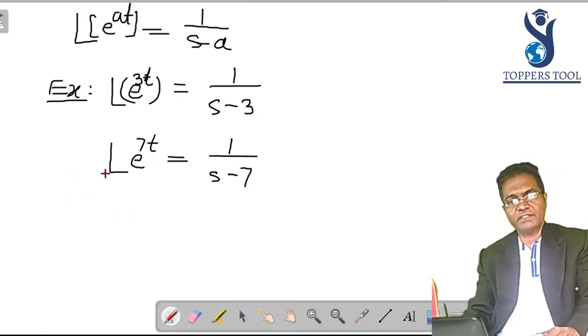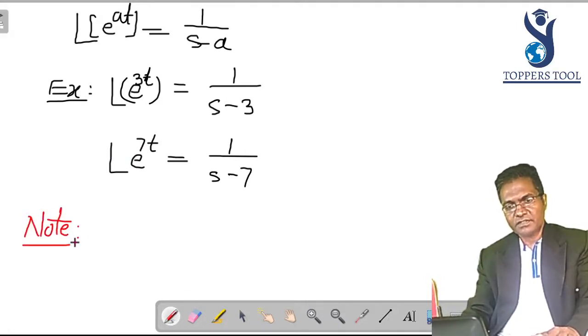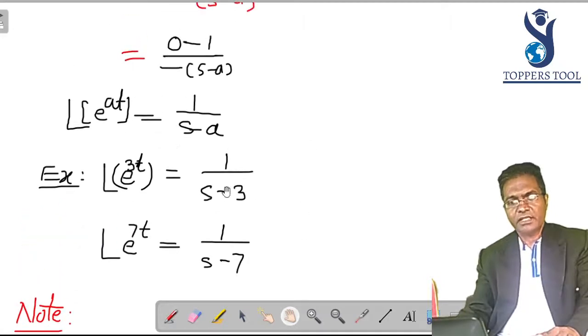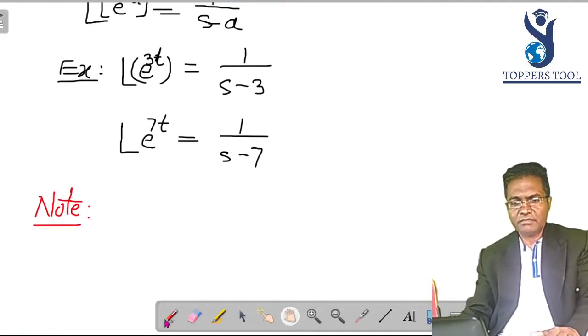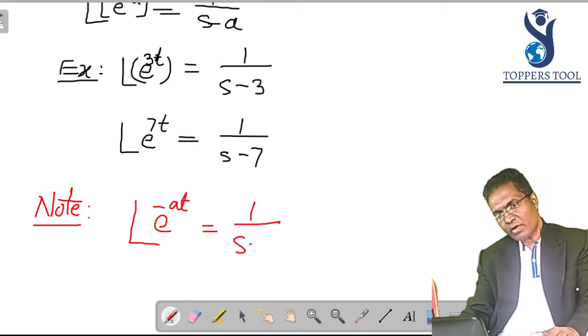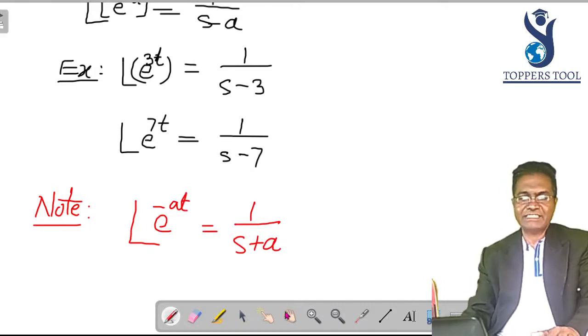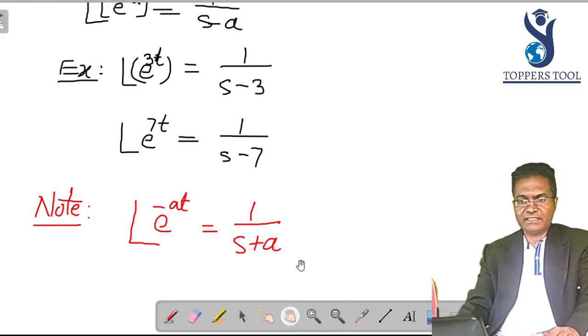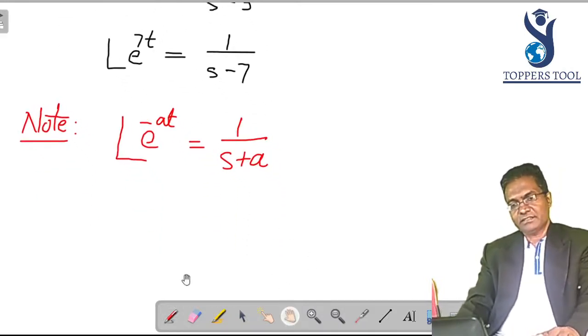And suppose if it is negative, then just note this. Okay, if you replace a as minus a, so it becomes plus a. So you have to remember this: L of e power minus at is 1 by s plus a. Okay.